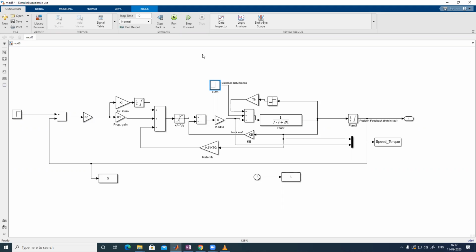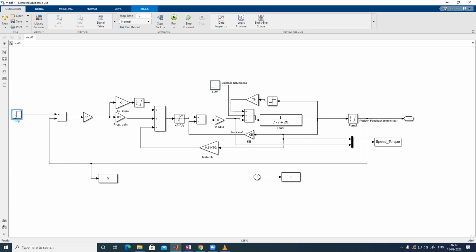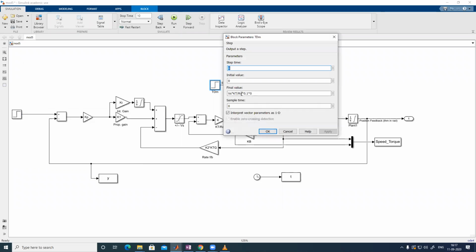So if you have done this one, then you can make this t time limit 0. And for the disturbance input you have to give KT into VS by RA, 10% of that.